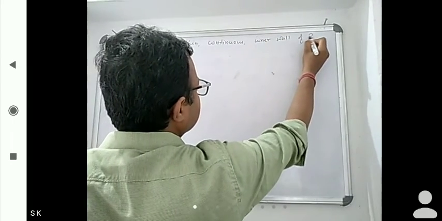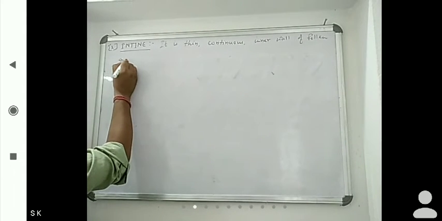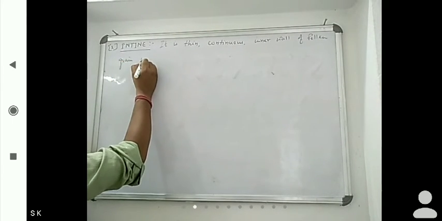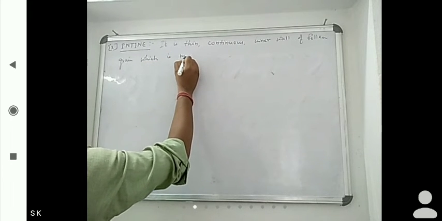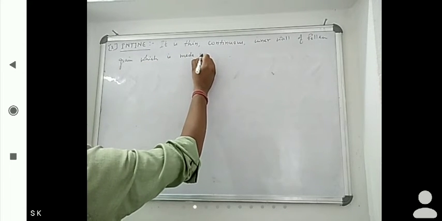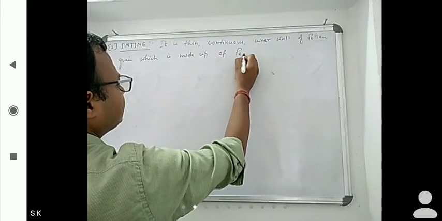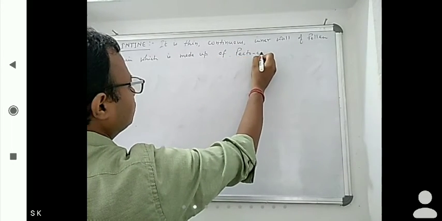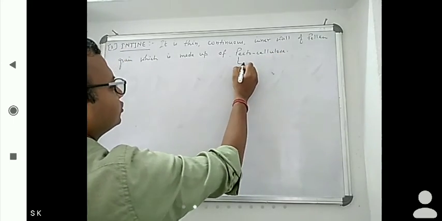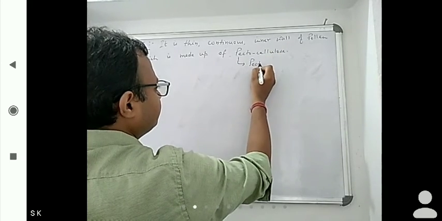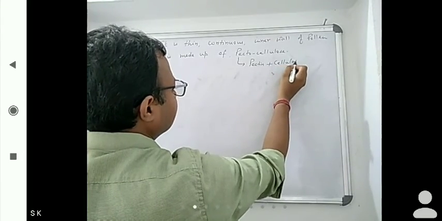Okay, which is made up of pectocellulose. Now pectocellulose means pectin plus cellulose.